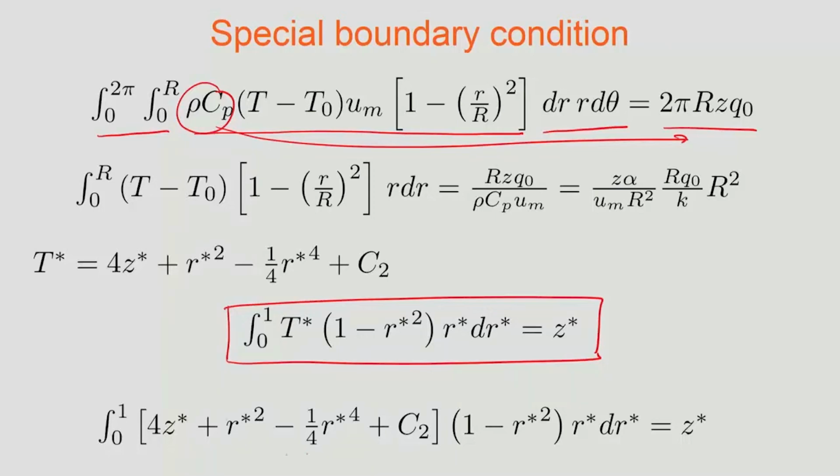So, that is what is put in here. The solution for T star is available and the rest of it is as it is, and then we will see how we can go about integrating. Now, when we integrate, we see that the C2 is still kept inside, and that is what is giving the value of C2. So, the boundary condition, which is an integral boundary condition, is then very useful.